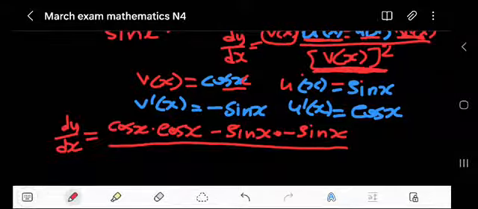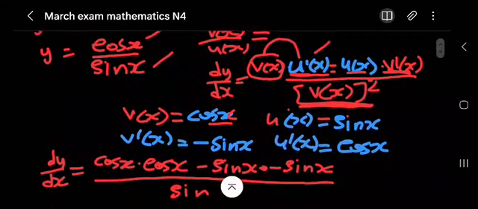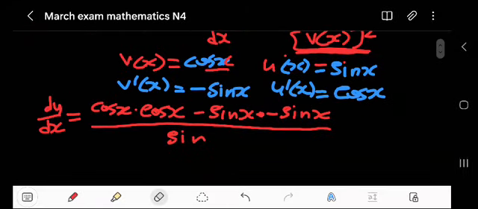We square v. The bottom part must be squared, so we must check what we'll have on the top.